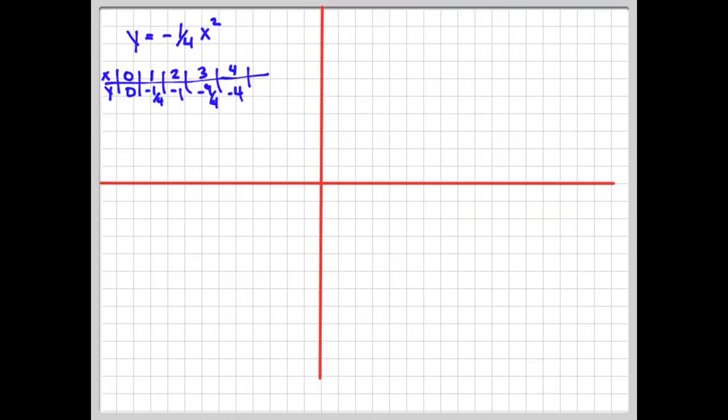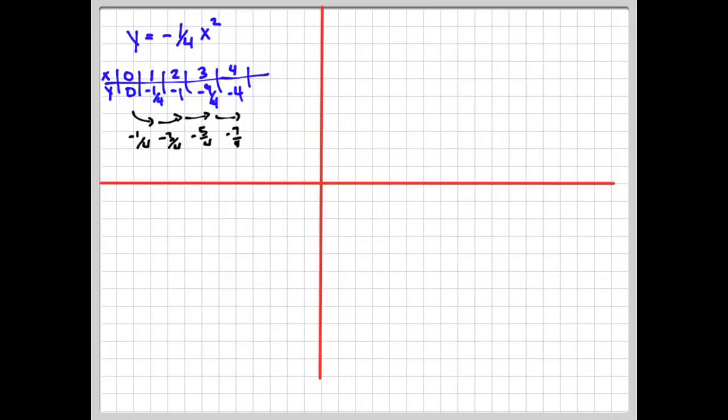Now, it's a little harder to notice this when we're doing fractions, but we were going up by negative 1/4, then negative 3/4, then negative 5/4, and then negative 7/4. So that 1, 3, 5, 7 became negative 1/4, negative 3/4, negative 5/4, negative 7/4 because we're multiplying it by negative 1/4. That makes sense?